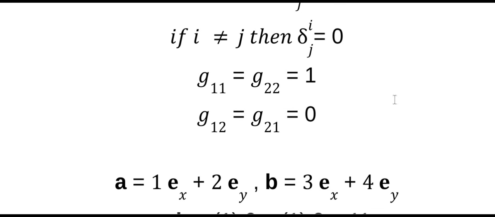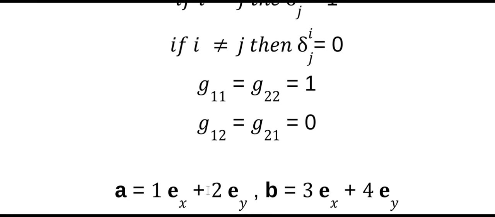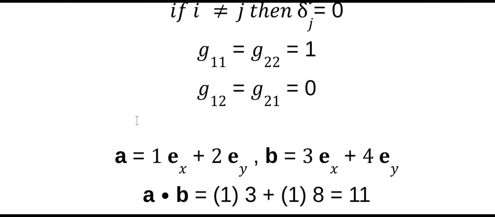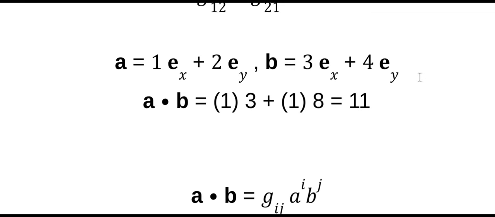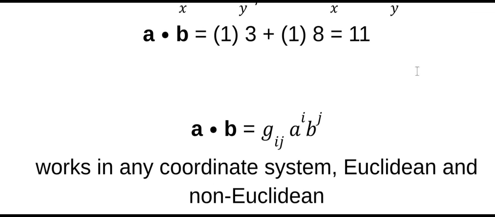So when we have these two vectors, I made them up, 1, 2, 3, 4, just like the ones we used, g11 is 1, and 1 times 3 is 3. g22 is 1, and 2 times 4 is 8. We get 11. That's what we got in the linear algebra method. But this formula works in any coordinate system, Euclidean and non-Euclidean.